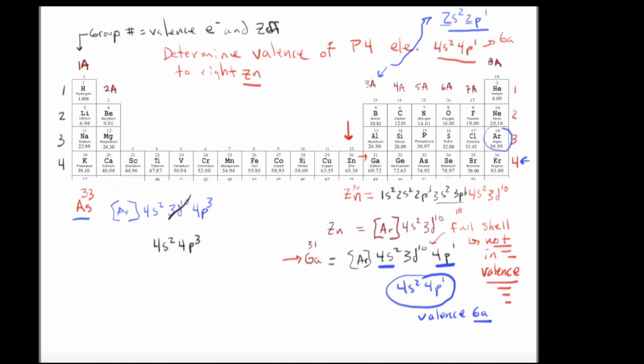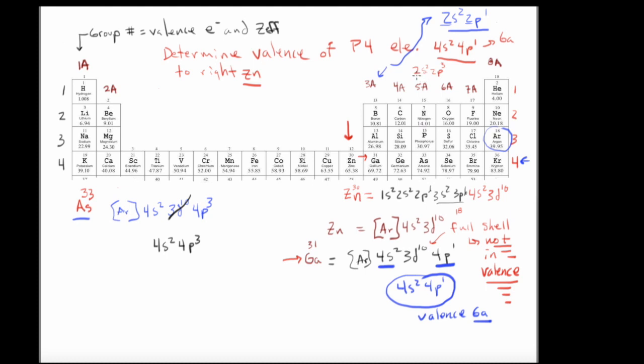We can confirm it using the trick that I showed you before. Arsenic is in group 5A. So the valence for nitrogen is going to be 2s2, 2p3, for a grand total of 5, which equals the group number.